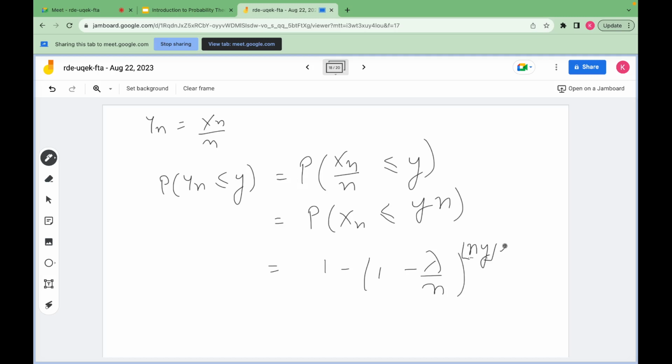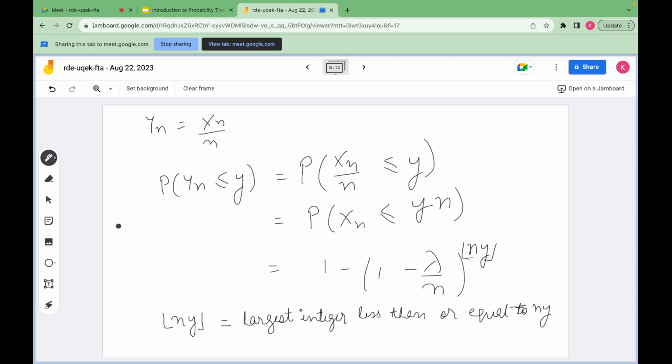This will be the largest integer less than or equal to ny.